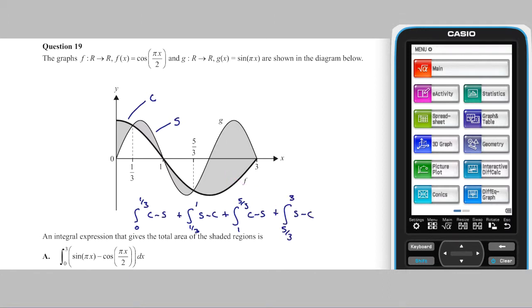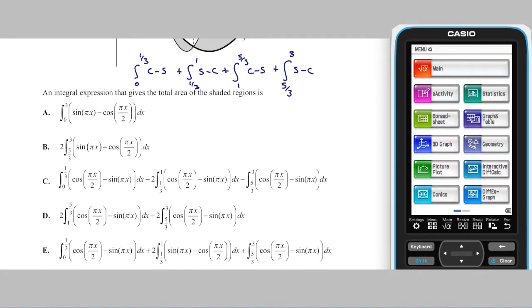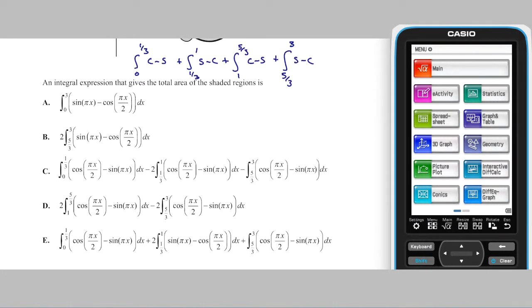Looking now at our answers, skimming through, it appears that C is the first candidate which is close to our expression, and in fact it has the same integral to describe the first area.